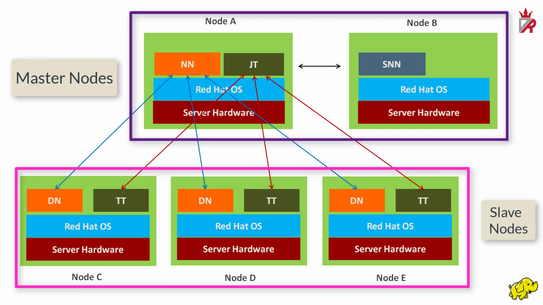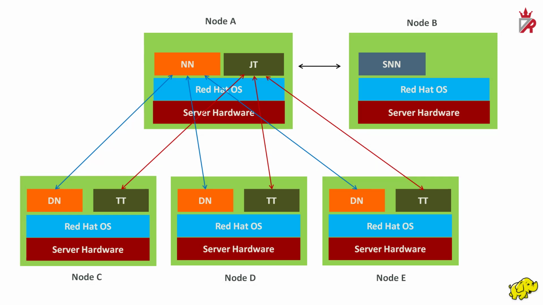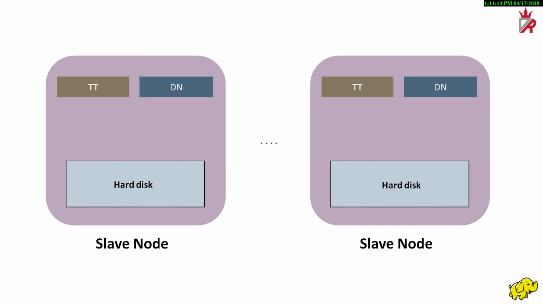Master nodes are the servers where the master processes are running, and slave nodes are the servers where the slave processes are running. Slave nodes are also popularly called worker nodes for a reason. We will see why. It is basically on the slave nodes or worker nodes where the major action happens.